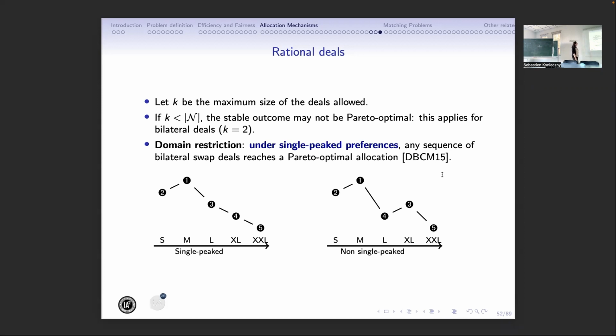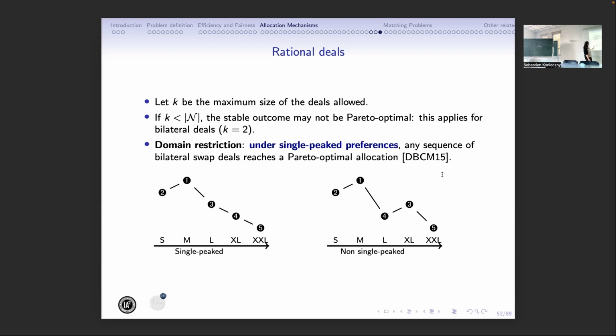So in fact, in single-peaked preferences, the items are organized on an axis, and you have a peak on this axis, which is the most preferred. And when you rank the resources, you can only go to the left or to the right.